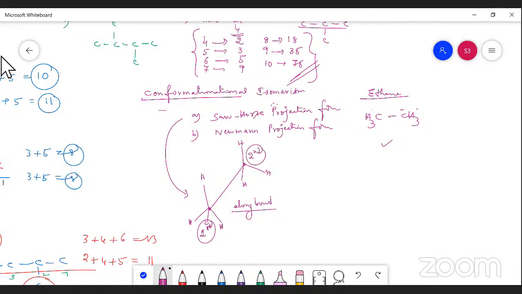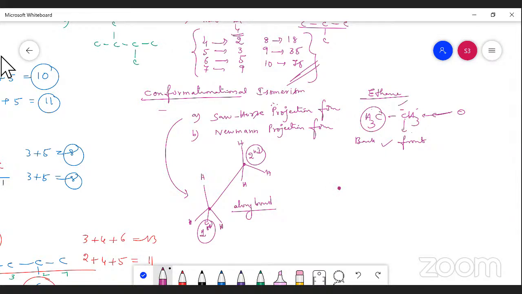Newman projection form. Suppose you see the molecule along the axis. If you see it from this way, this is the first carbon or front carbon, and this carbon will be the back carbon. The front carbon is always represented with a dot. The dot indicates the front carbon.